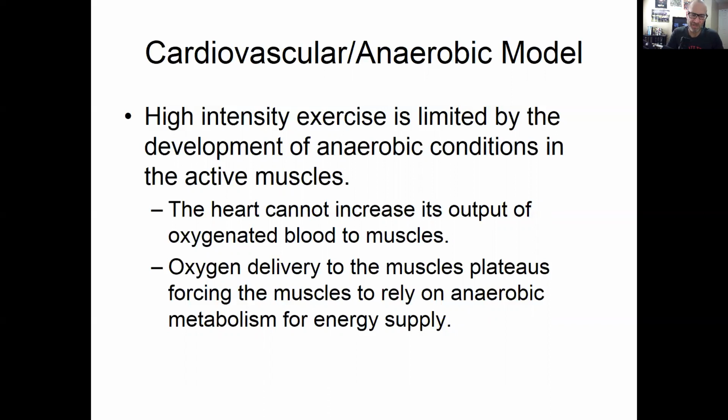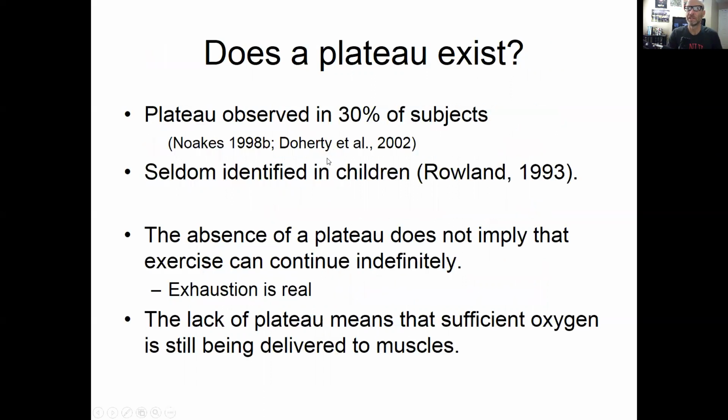And because of that, the muscles cannot convert chemical energy to mechanical energy at a faster rate, and therefore have to rely on anaerobic metabolism for energy supply. Okay, so that's the cardiovascular anaerobic model, and you're going to want to be familiar with this because he continues to refer back to it in several other chapters.